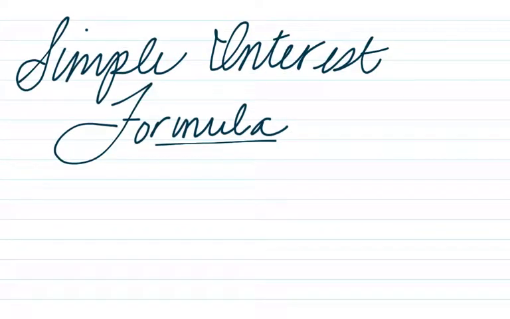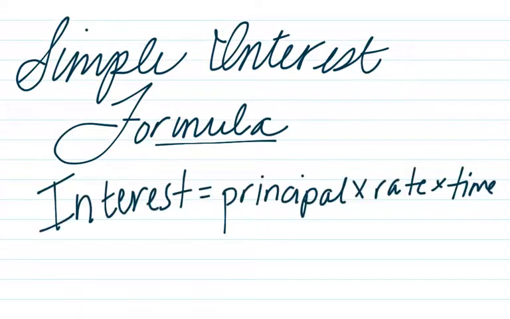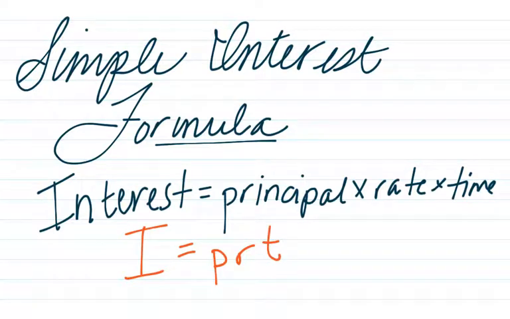First thing we want to make sure we know is the simple interest formula. The interest is going to be equal to the principal times the rate times the time. But we don't like to write out all of those words, so we shorten it to I equals PRT. The principal, P, is the amount of money borrowed or loaned.